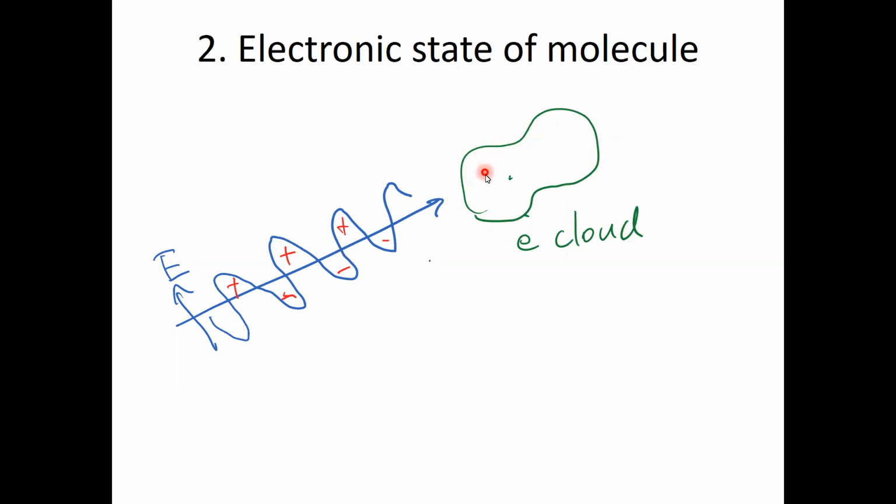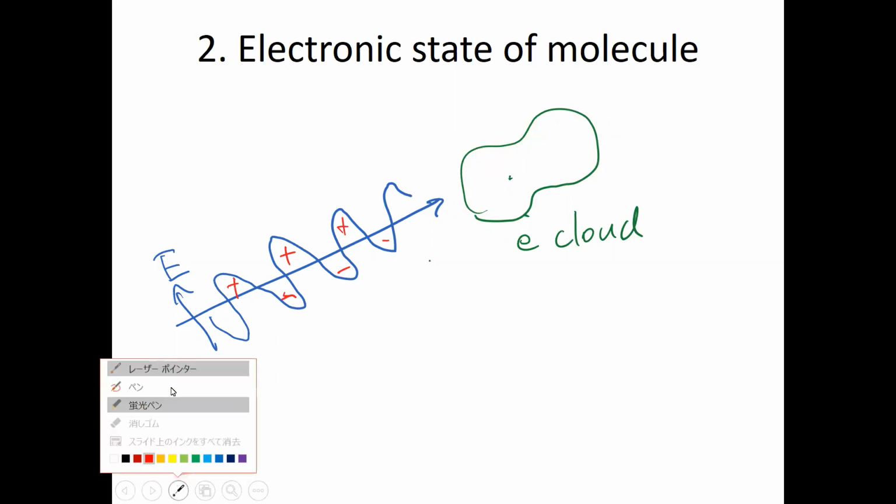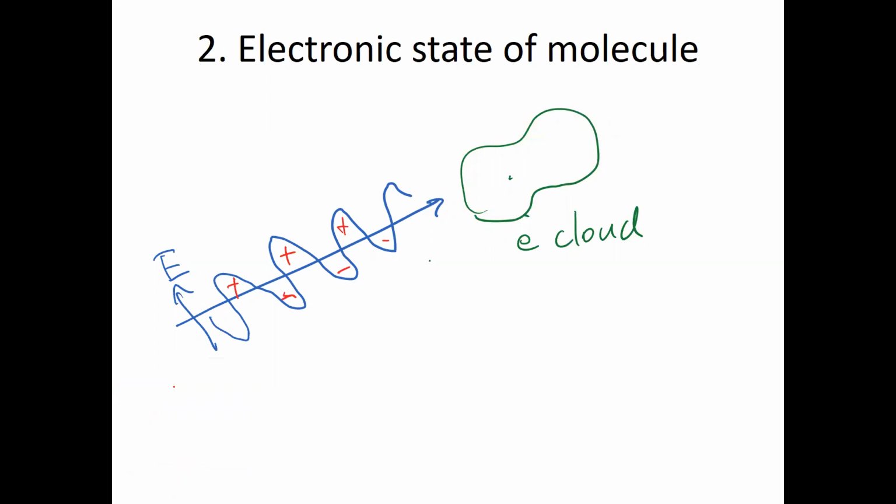Since this cloud is made of electrons, it can interact with the electric field, which oscillates the electron crowd, and at some moment it can induce a photochemical reaction.